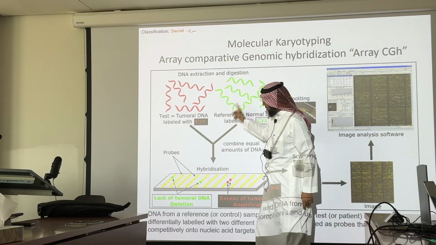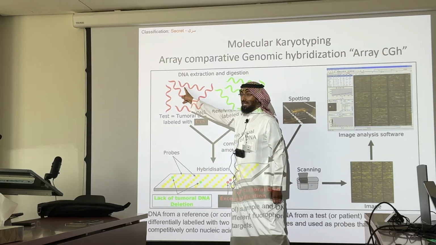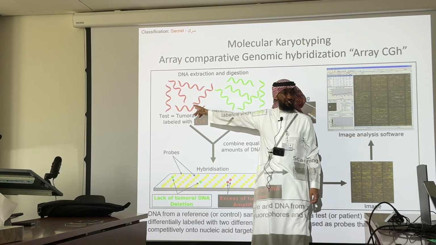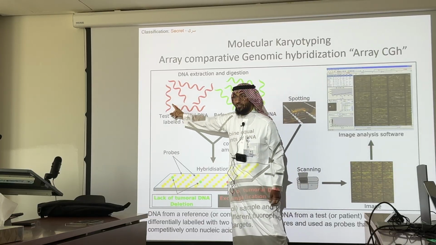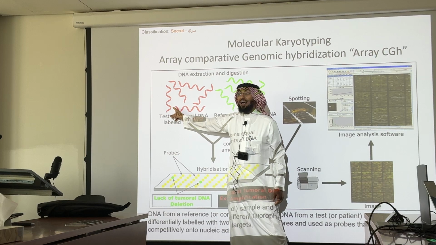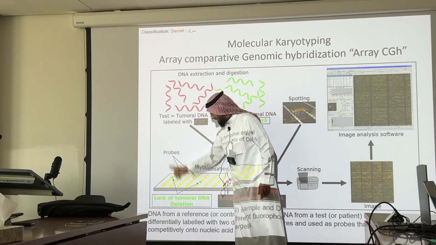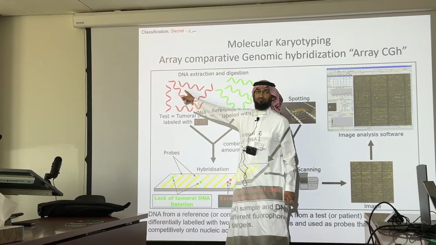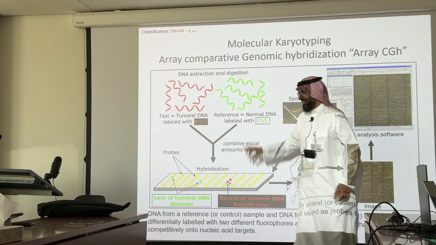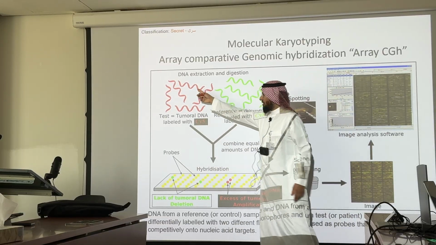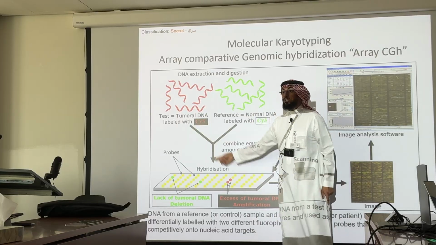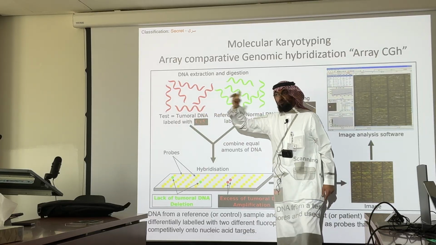If the control hybridized, but nothing hybridized from the patient sample, it indicates what? Absent, meaning deletion. So this area is deleted from the patient. If the opposite, the red is more, it indicates duplication. The material here is duplicated.